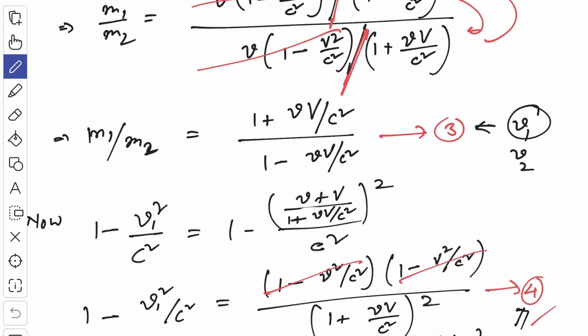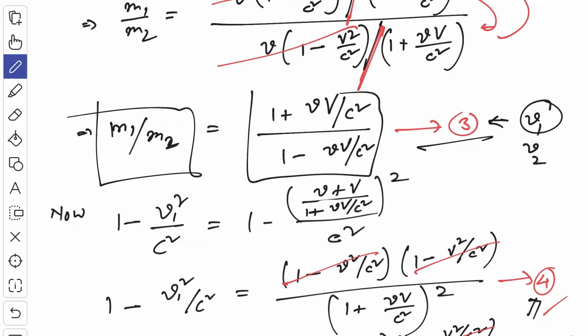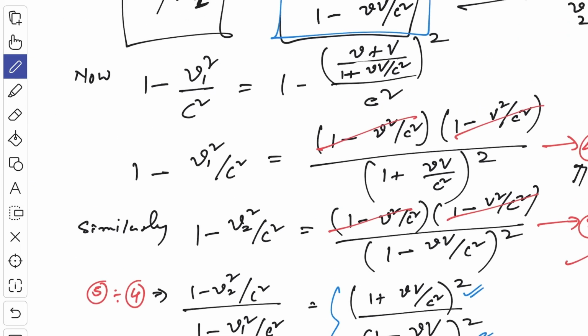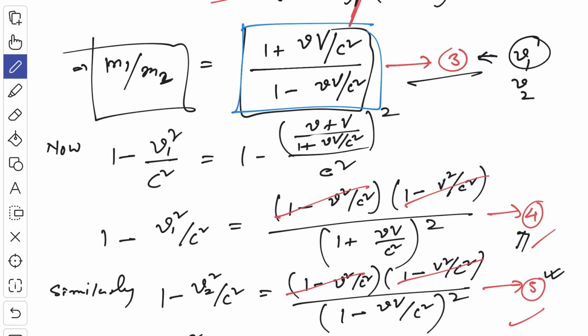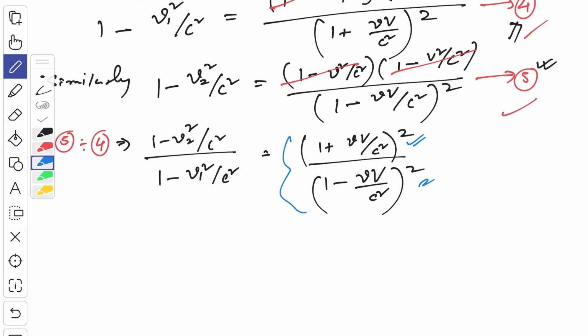Now you see, if you look at equation number 3, here m1 by m2 is equal to 1 plus, here you see this right hand side is the same as this one, but here we only have squares. So that's why this right hand side can be replaced by m1 by m2 whole square.